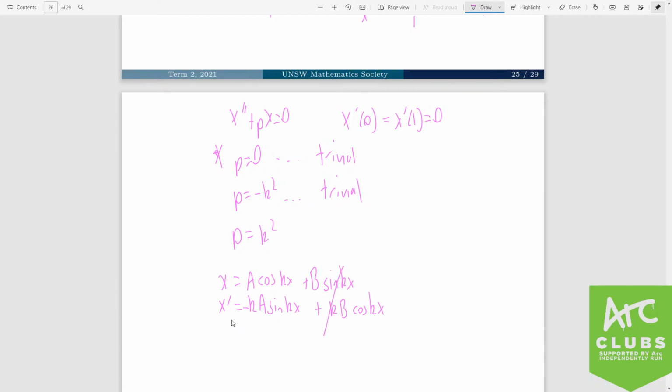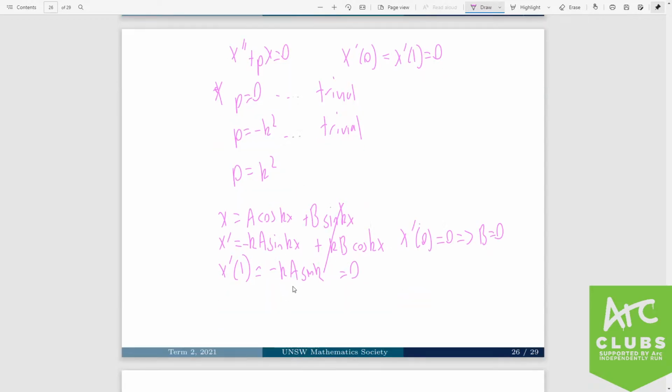And then X'(1) is minus ka sin k equal to 0. So for a non-trivial solution, we have k equal to n pi once again.